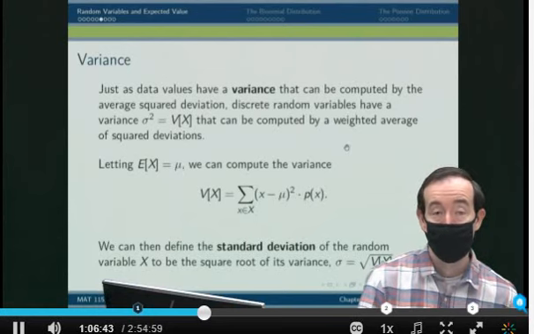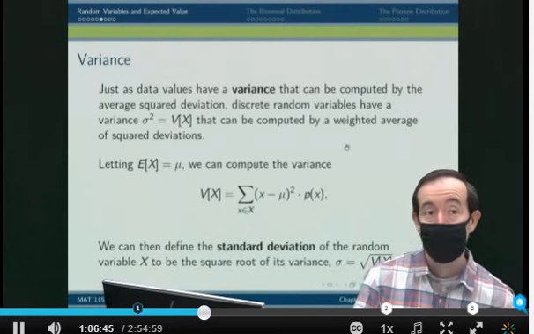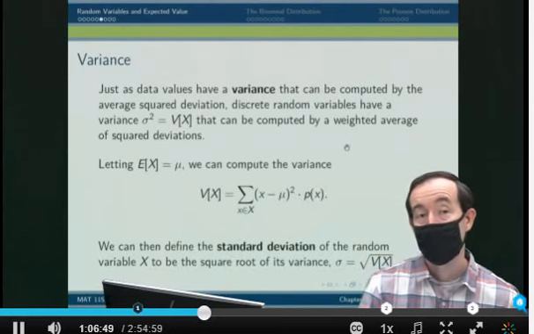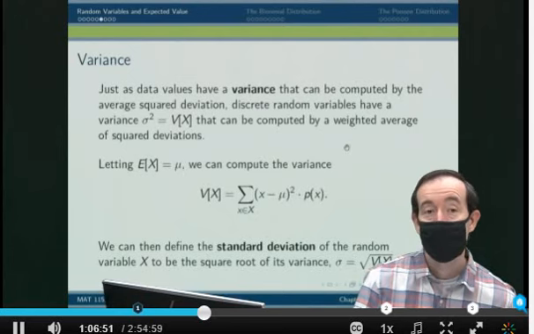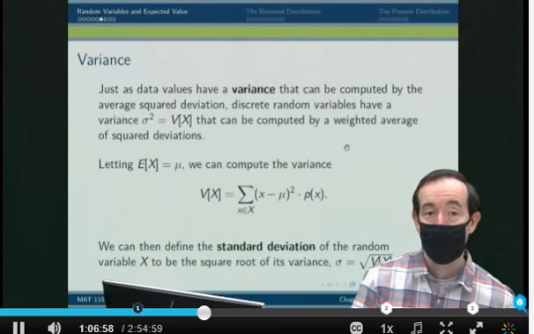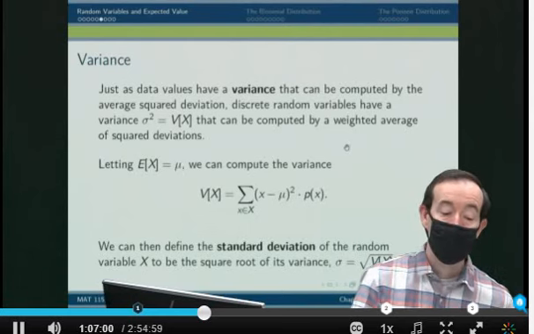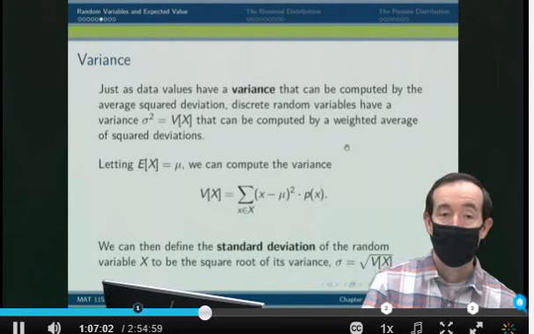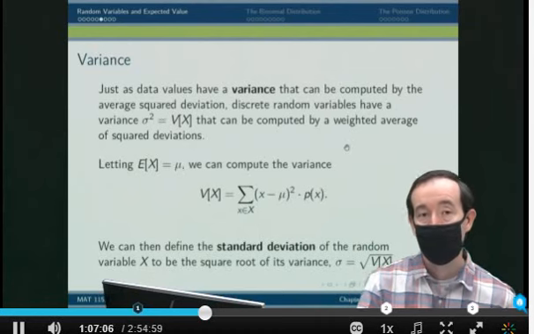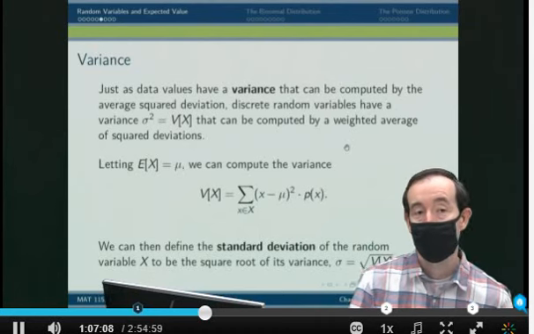Then we would be calculating the expected value. If you use the same reasoning, the variance, as we will calculate it for discrete random variables, is the same idea where we are weighting the squared deviations from the mean. So for sets, we added up the squared deviations from the mean and then divided by n for a population variance or by n minus 1 for a sample variance.